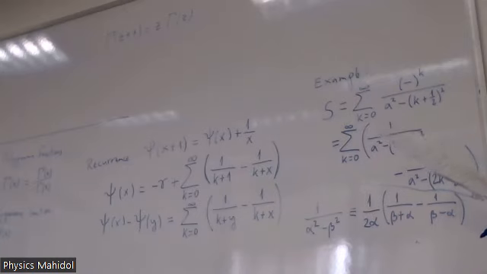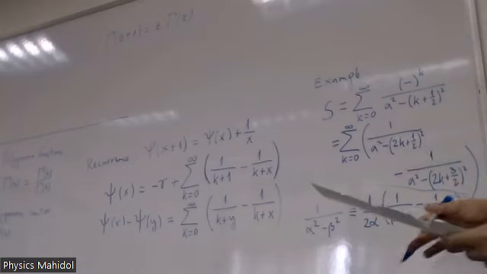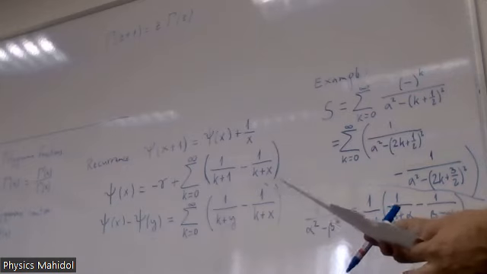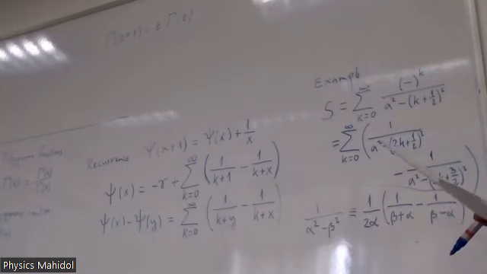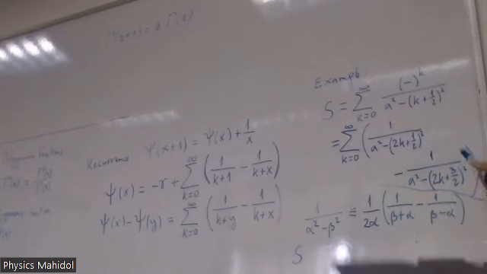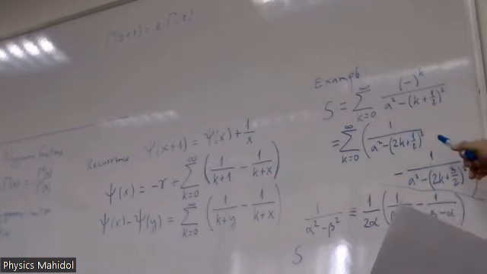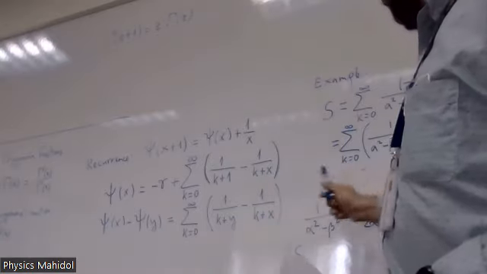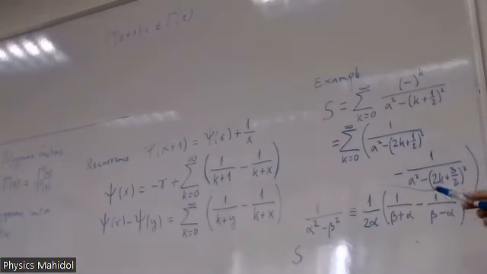But we just expand the squares, and then each of them can be separated into two partial fractions like this, and there will be a square which will be like the x, etc. Let me just give you the results.